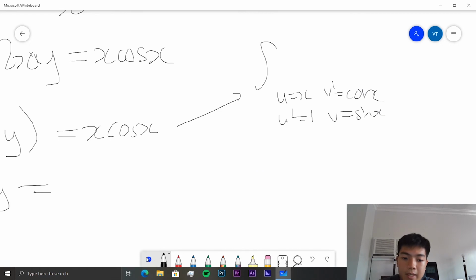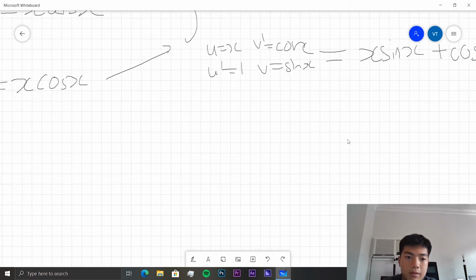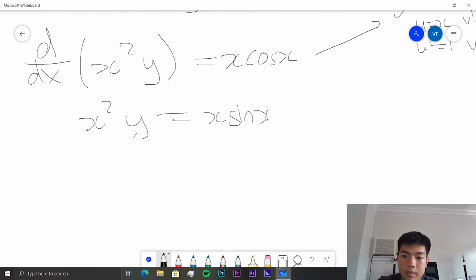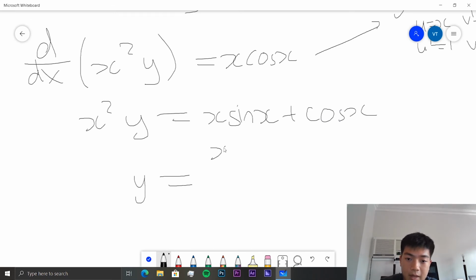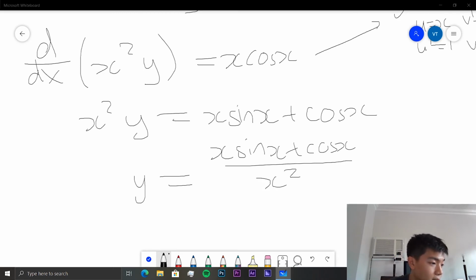So we have that is equal to x sine x plus cosine x, since it's minus minus. So we have x squared y is equal to x sine x plus cosine x. So we have y is equal to all of that over x squared. So yeah, that should be the answer.